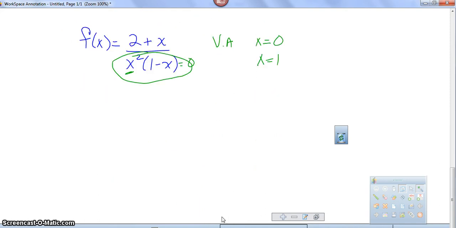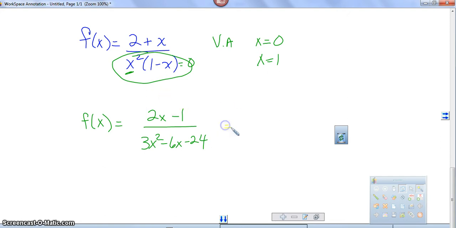All right, let's try another one. What about if you have 2x minus 1 over 3x squared minus 6x minus 24?